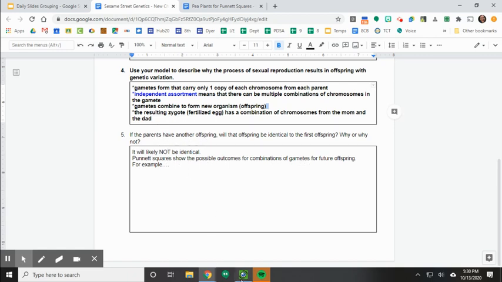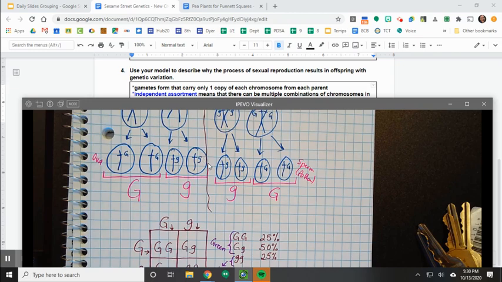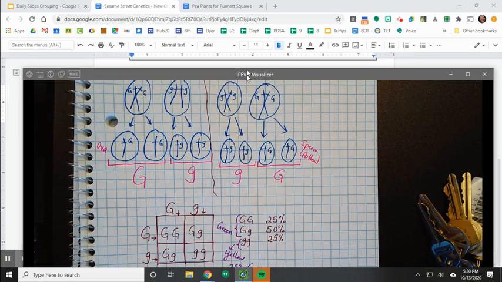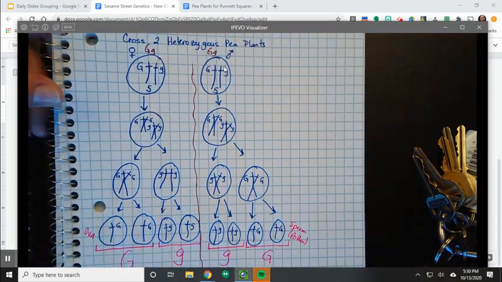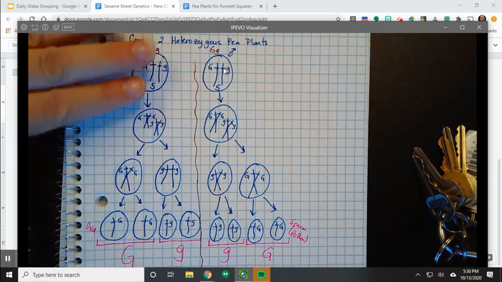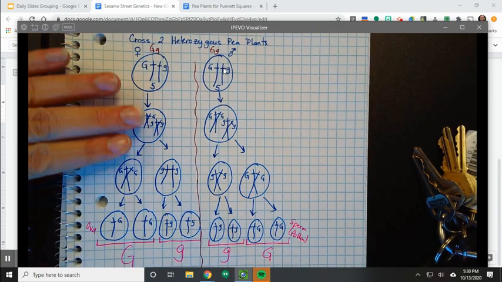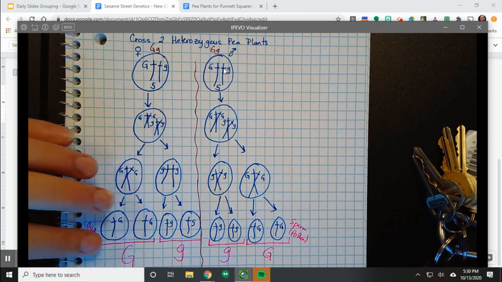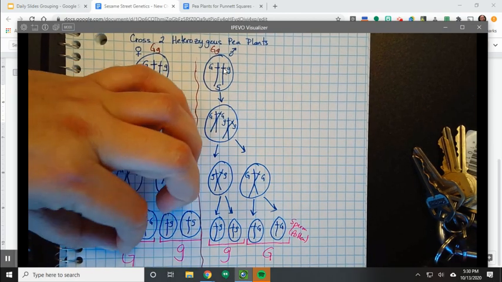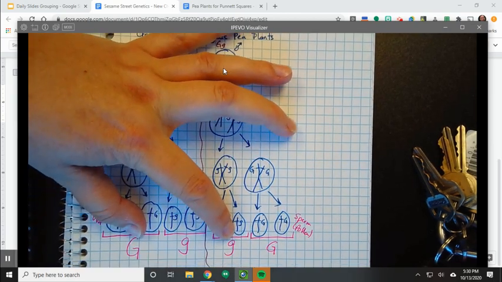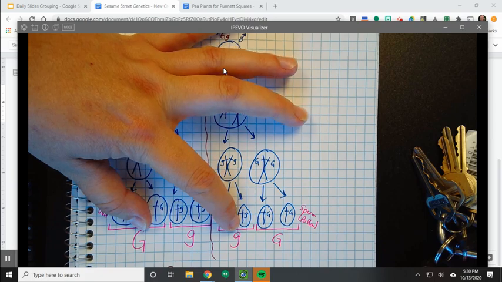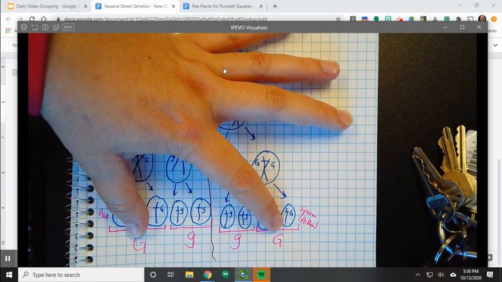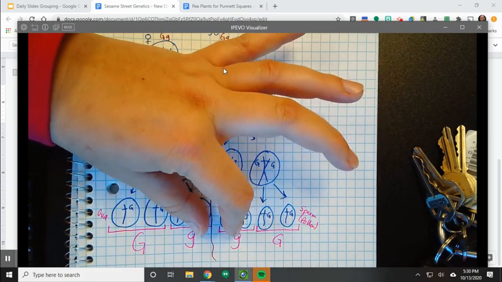Now, if you really like this whole process here, this is perfectly fine. This is correct. You can use this, and you can talk about how this gamete and this gamete could combine together and produce an offspring, or these two, or these two, or those two.